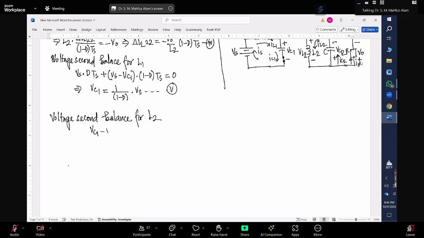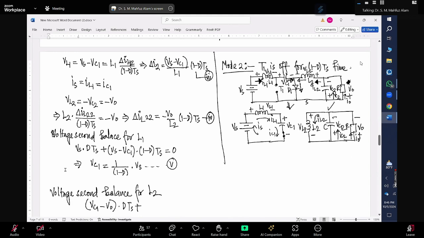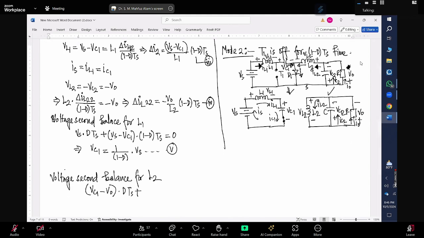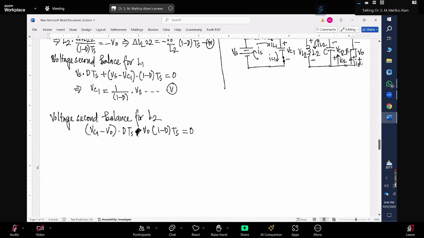So (Vc1 minus V0) multiplied by D into Ts, plus what is the voltage across it? Minus V0, right? So minus V0 multiplied by (1 minus D) multiplied by Ts, that should give you 0, right?